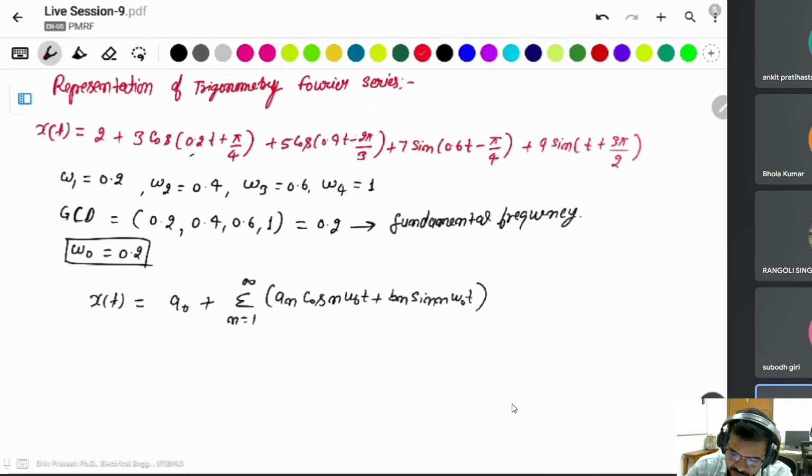Here a naught is equal to 2, the zeroth order. 0.2 is the first order, 0.4 is the second order harmonic, 0.6 is the third order harmonic, and 1 is the fifth order harmonic.